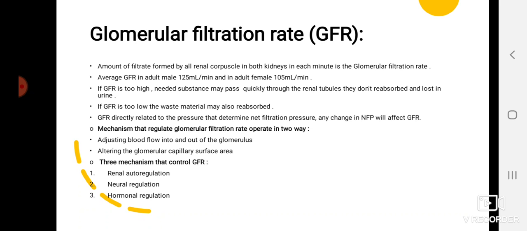One is by adjusting blood flow into and out of the glomerulus, and the second is altering the glomerular capillary surface available for filtration. Glomerular filtration increases when the blood flow in the glomerular capillary is increased. So the more blood, the more filtration, and so needed substances can go out.